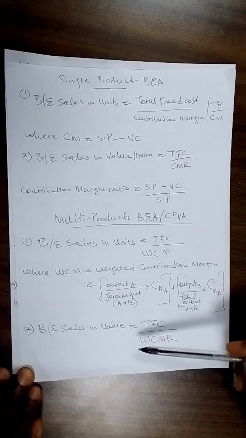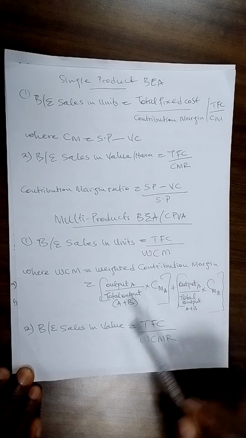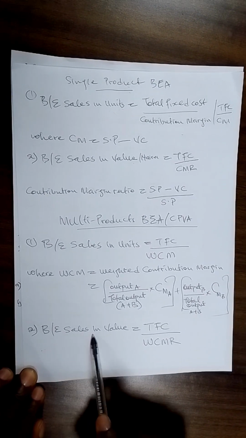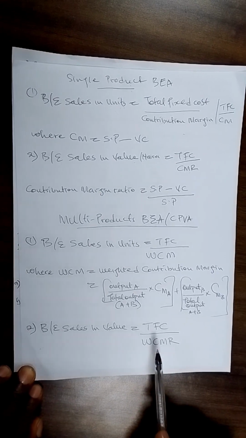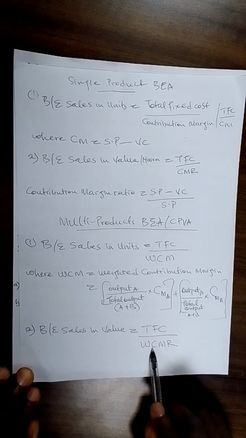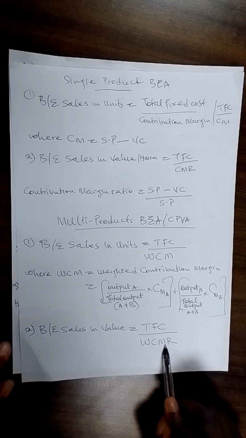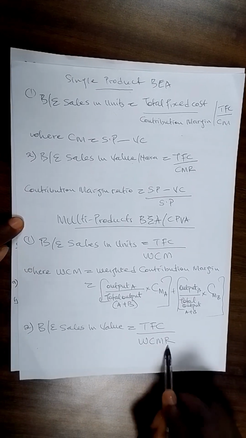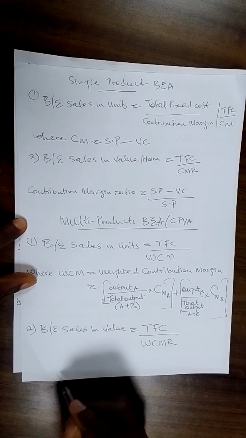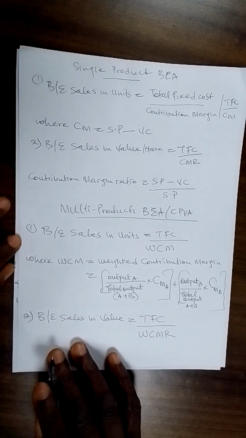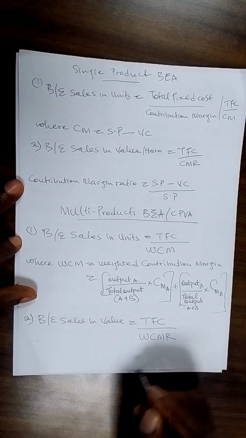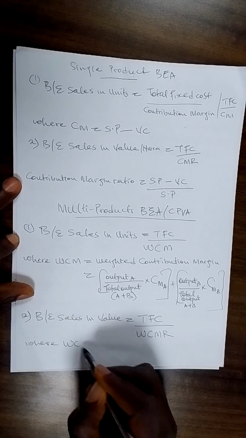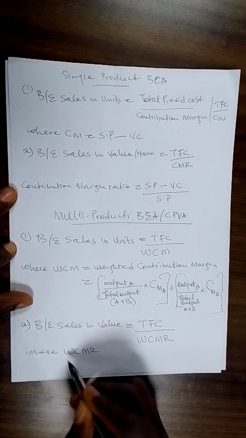So under the multi-product break-even analysis, where you are asked to compute the break-even sales in value, this WCMR will be used. WCMR stands for weighted contribution margin ratio. So how do we calculate this? What is the formula for this WCMR?